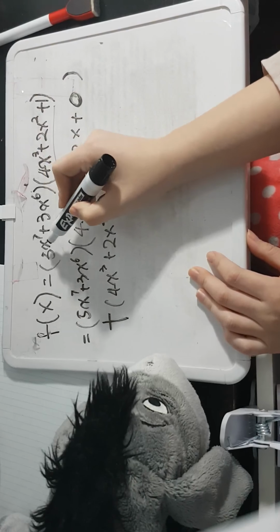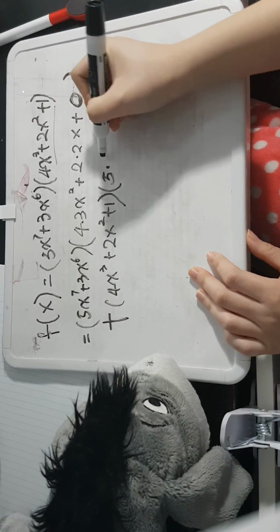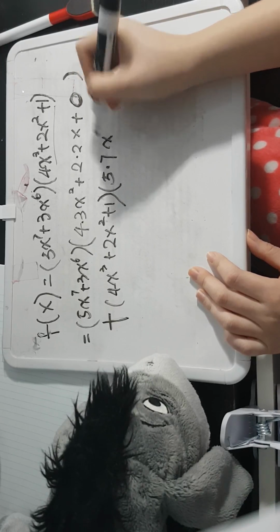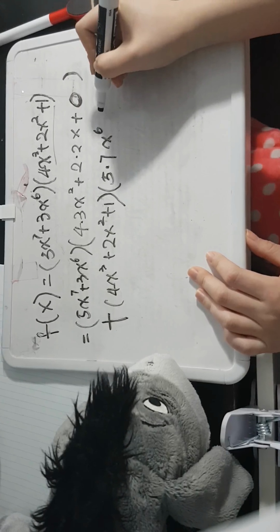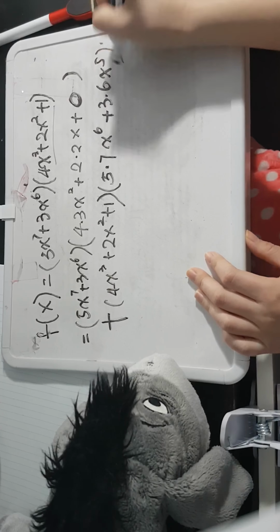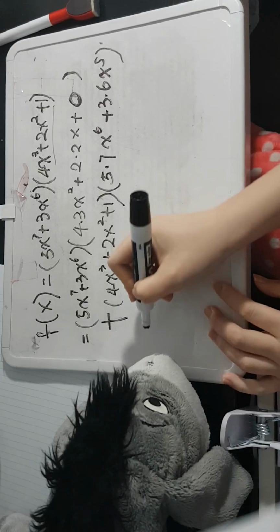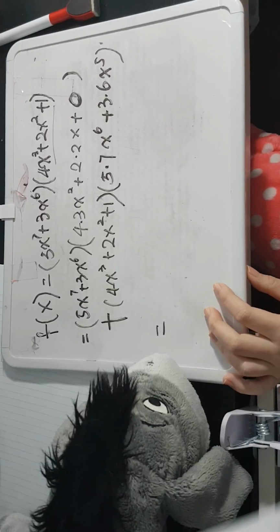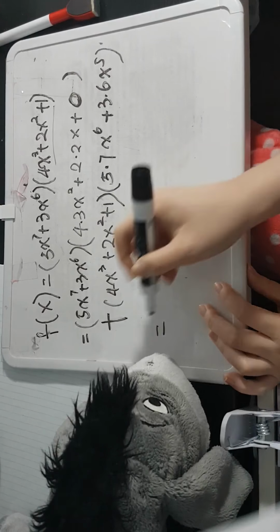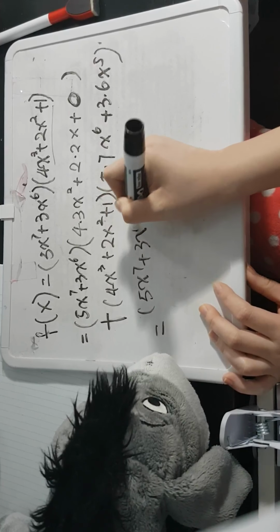Multiply by the derivative of the first function, which is going to be 5 times 7x to the power of 6 plus 3 times 6x to the power of 5. And that's the final answer. Not yet, we still have to multiply the coefficients together. Okay, just quickly write it down.